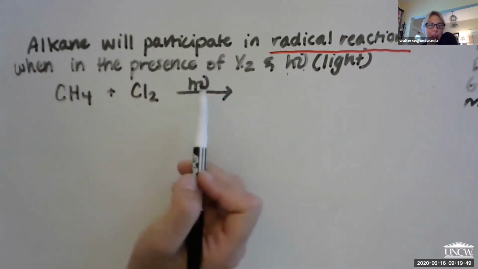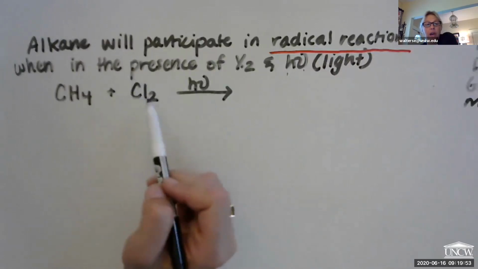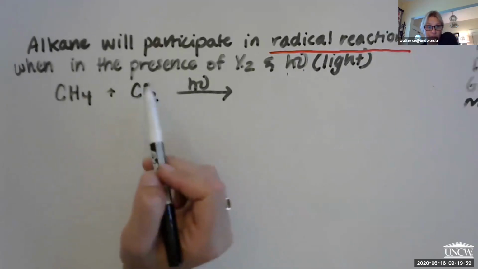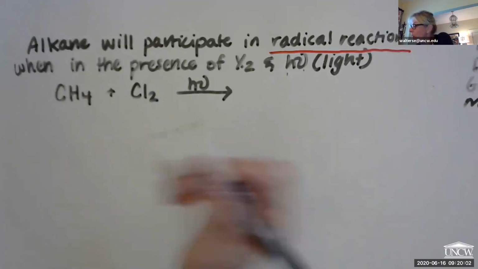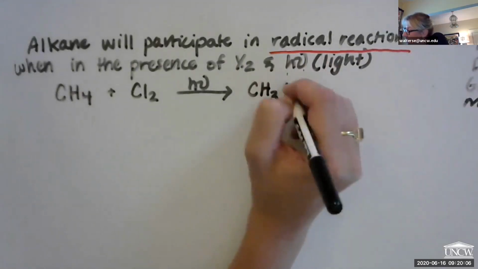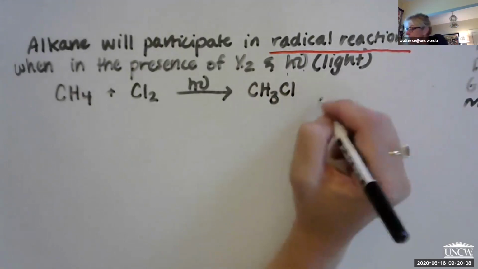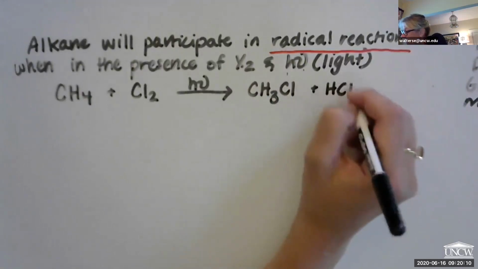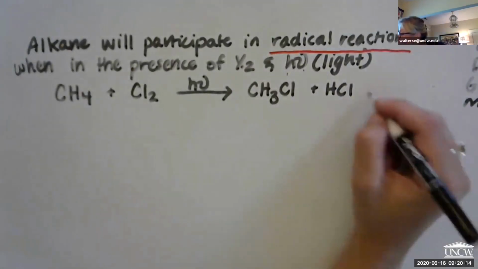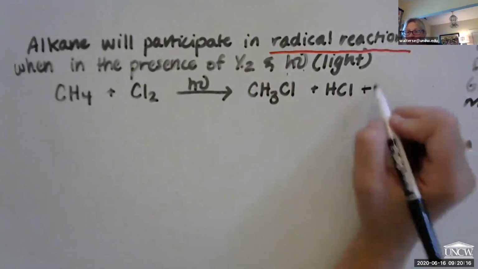The specific wavelength doesn't matter, but the wavelength required to homolytically cleave chlorine into radicals is different from that required for bromine. But regardless, when you do this reaction, you're going to make chloromethane and release hydrochloric acid.